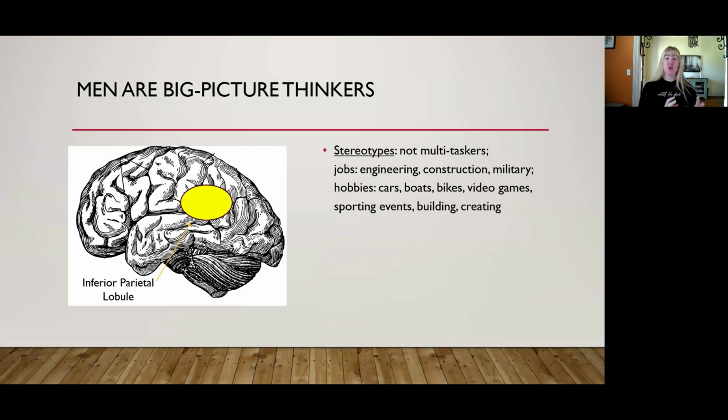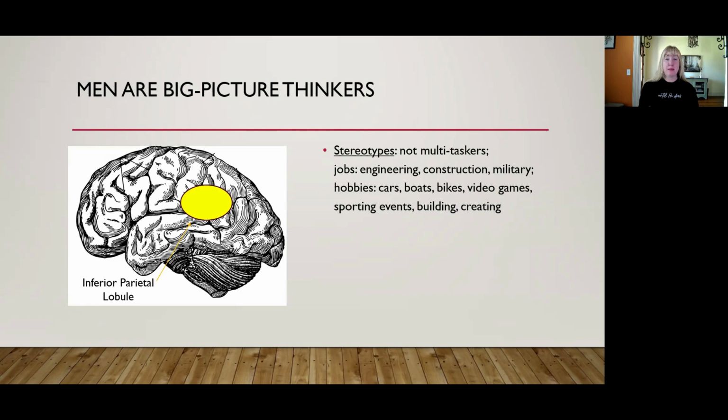Men have a larger one on the left. And again, that leftward asymmetry. And women, just like with the amygdala, they're going to mirror them. They're going to have a larger one on the right and rightward asymmetry. So I want you to think about how, again, that mirroring and how that factors into the way you relate to each other, but also into the way that God designed marriage to be.